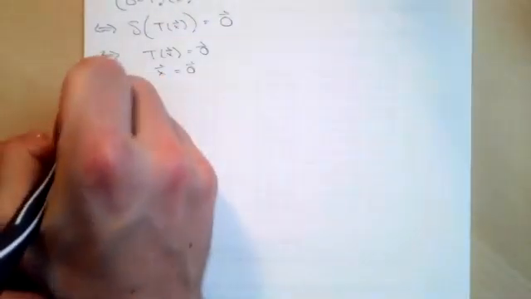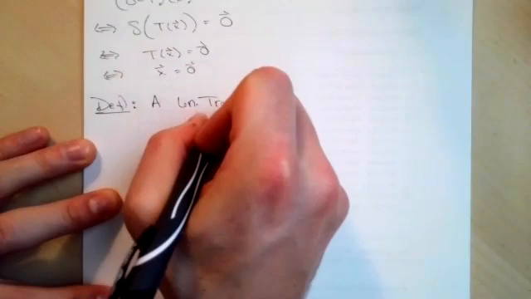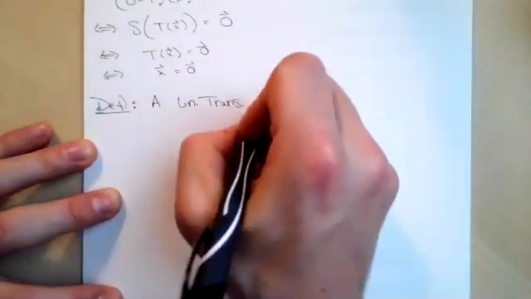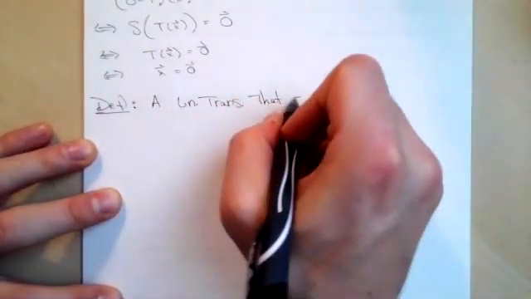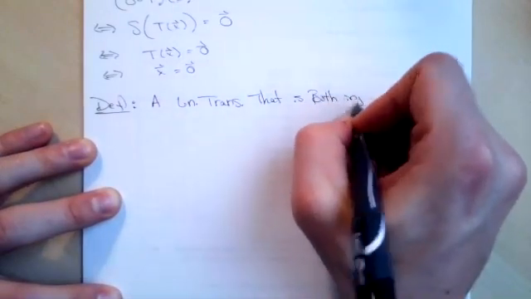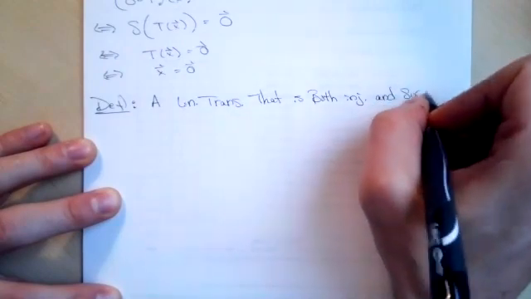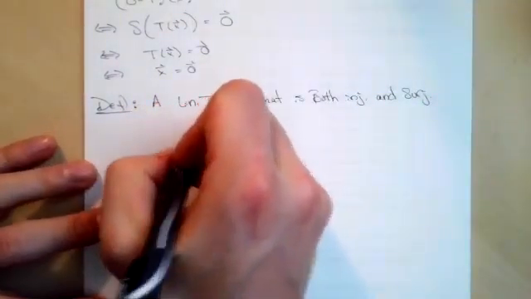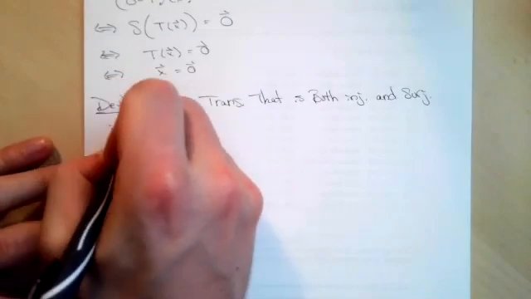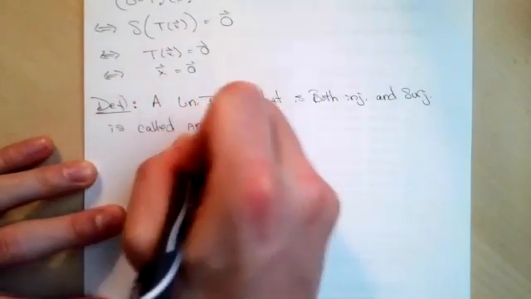So, a definition. A linear transformation that is both injective and surjective is called an isomorphism.